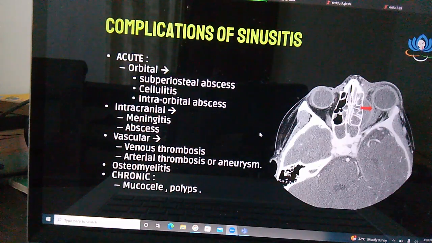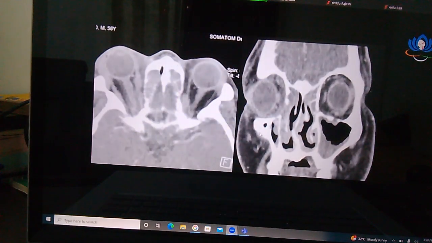Intracranially, meningitis or intracranial abscess can happen. Vascular complications like venous thrombosis, arterial thrombosis, and aneurysms can occur. We saw a lot of arterial thrombosis during mucormycosis. Osteomyelitis can happen, and in chronic cases mucoceles and polyps can happen. So that we need to keep in mind.